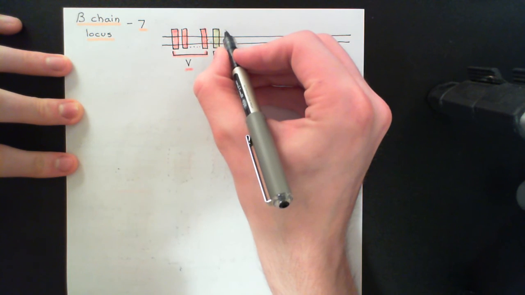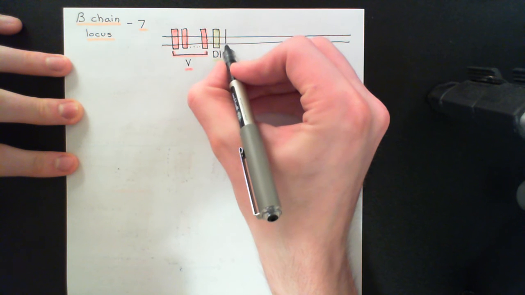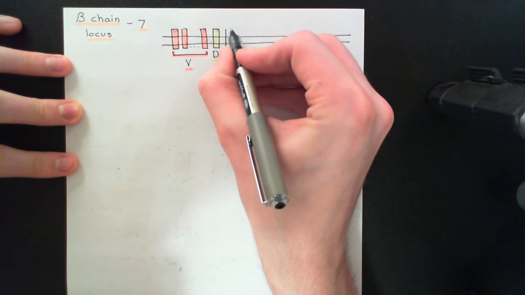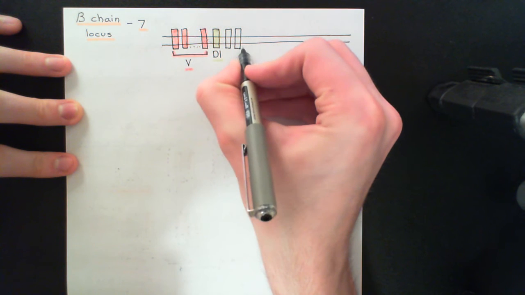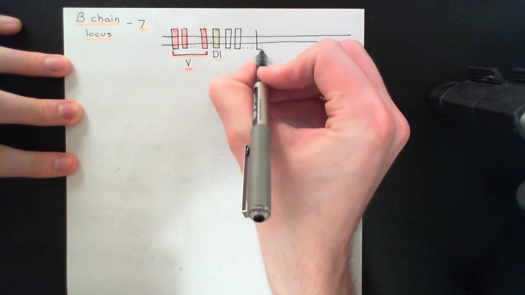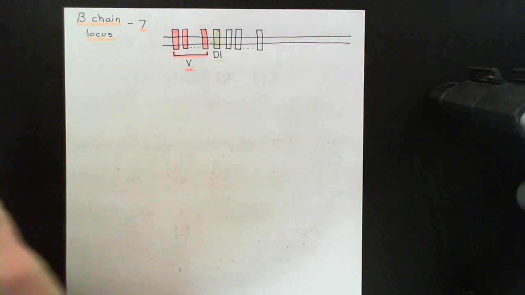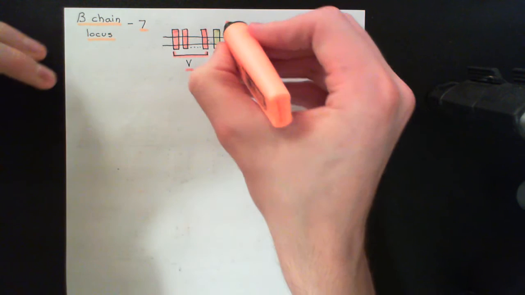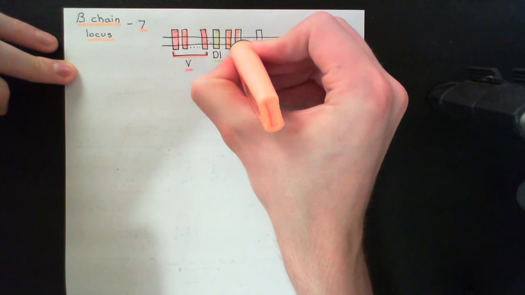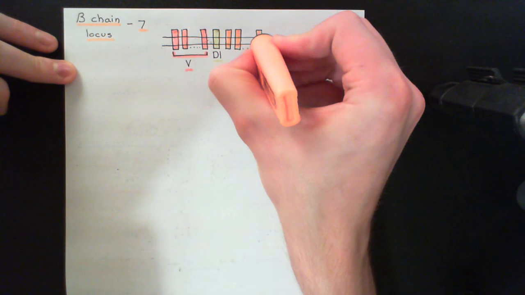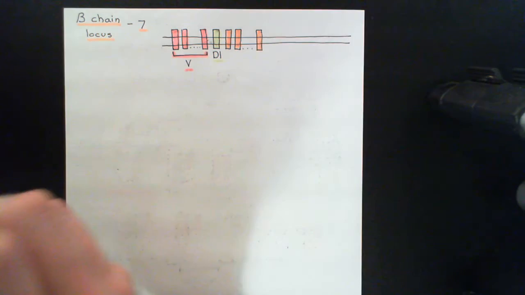Next up, we're going to have loads of the joining gene segments. So a whole cluster of joining gene segments is here, and I'll colour these joining gene segments in orange. So these are all joining gene segments, 1, 2, and then it'll go on to some sort of number here.